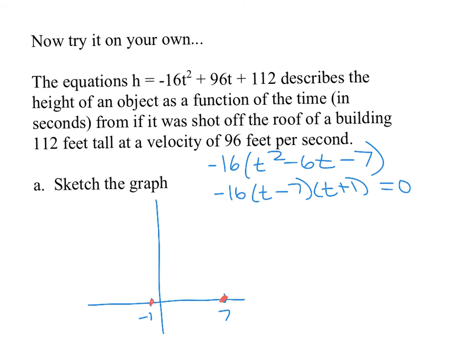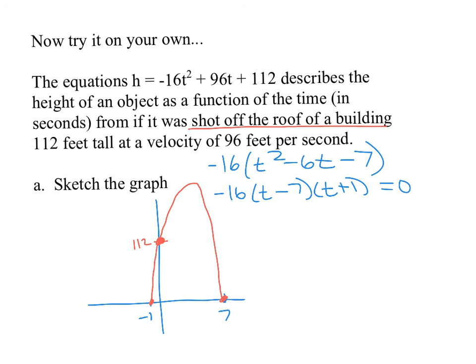So what that means is we have our c value of 112, this thing goes up, meaning it was released above 0. So at 0, we're at 112. Maybe it's shot off the roof of a building, so the building's 112 feet high. And so that negative 1 really doesn't mean anything in terms of the problem.